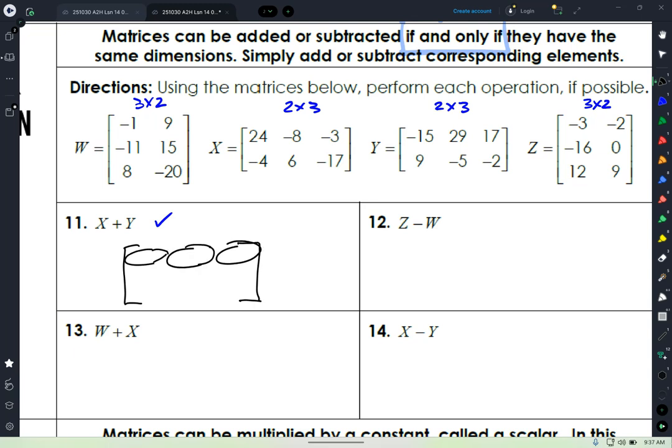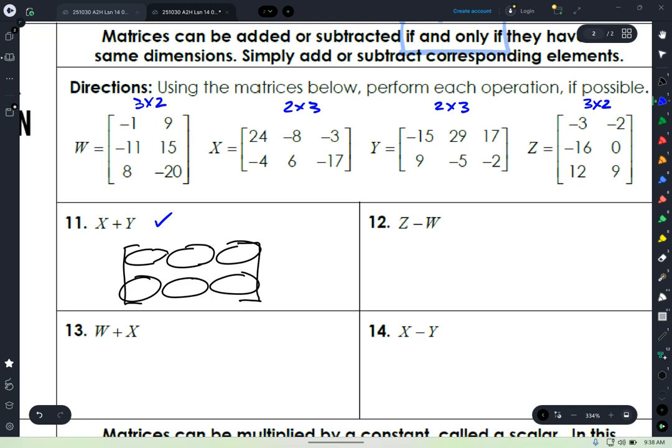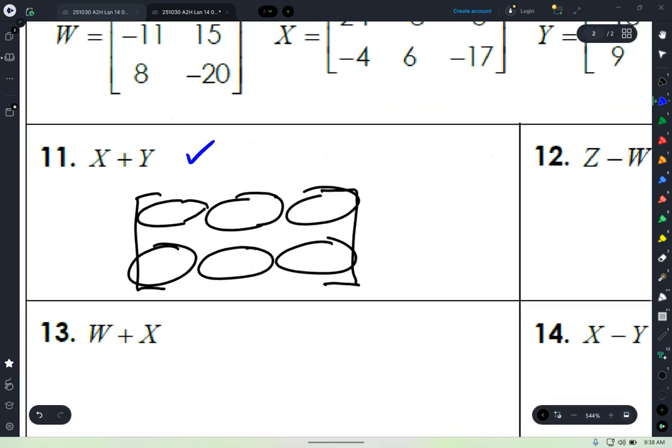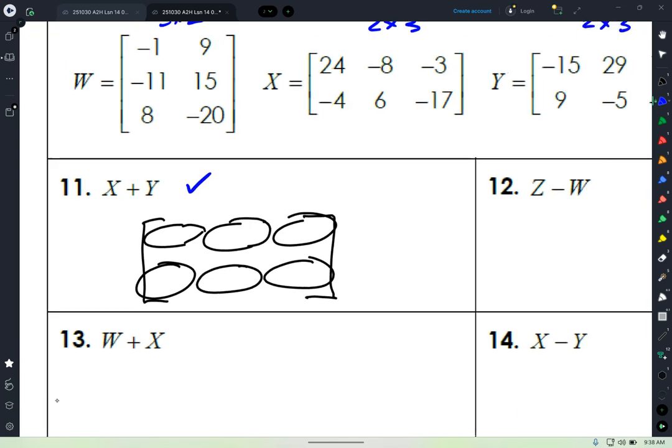I'm just going to do this right now. Okay, so here's how this is going to work. Watch this. This first box right here is going to come from the sum of x11 plus y11.